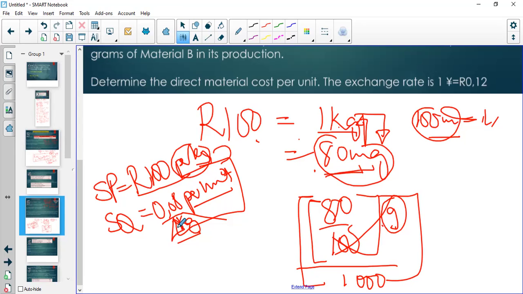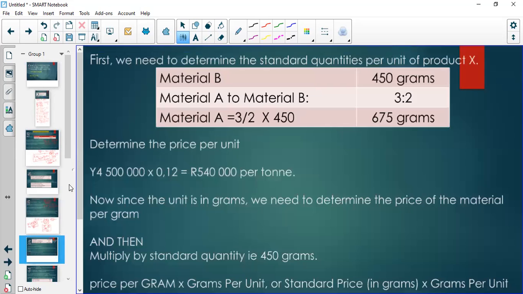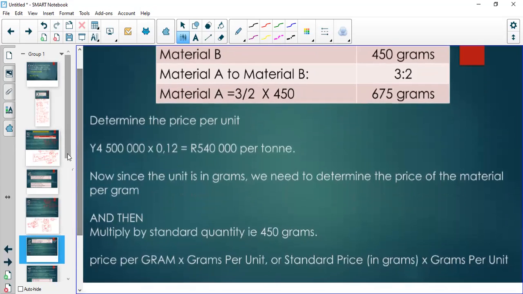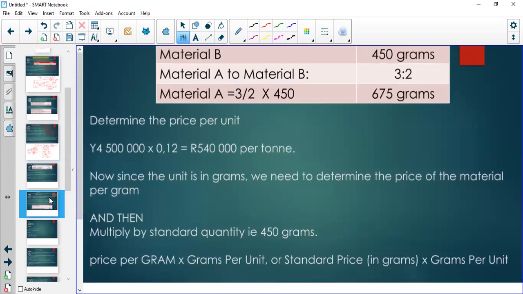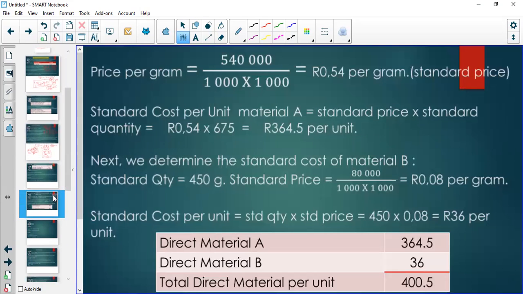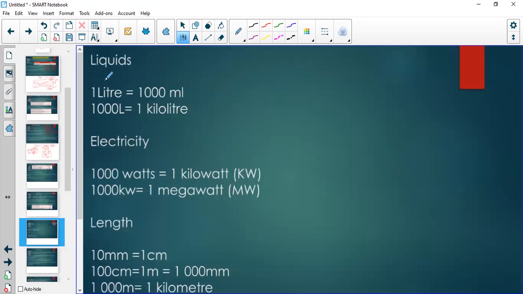So we'll give you examples that we're going to be dealing with. We also have liquids. You need to know that a liter is 1000 milliliters, and 1000 liters is 1 kiloliter.